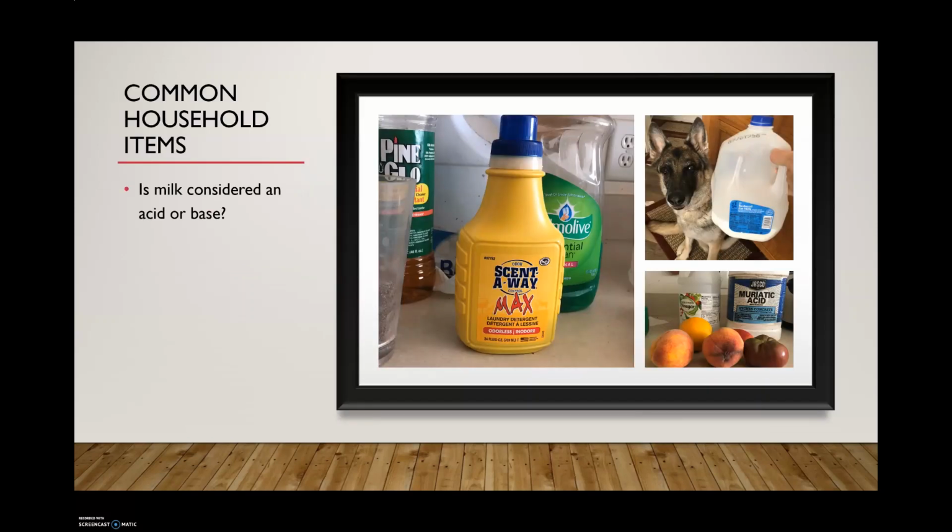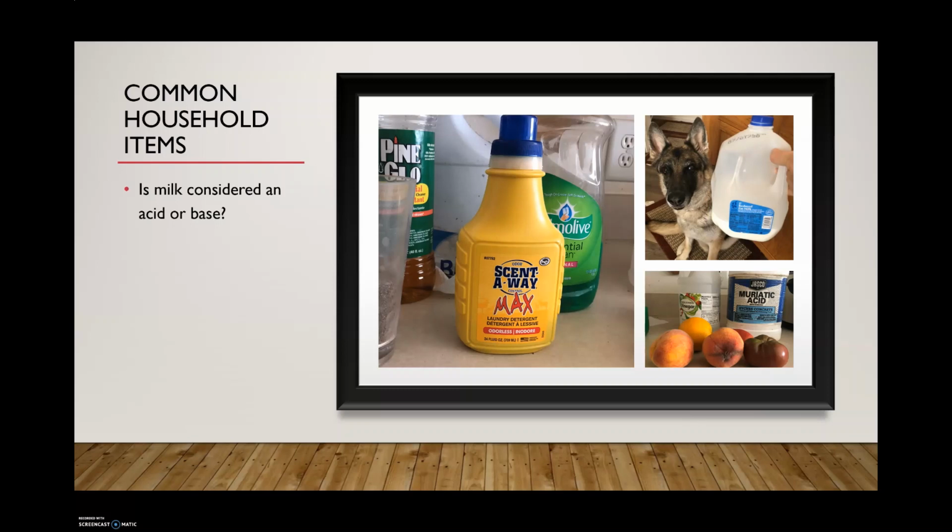So before we get started with that, we always have to think about where we have encountered an acid or base. We live our lives every day, and we use acids and bases all around us. Our body's pH is maintained by an acid base. And so, these are just examples that I have at my house.